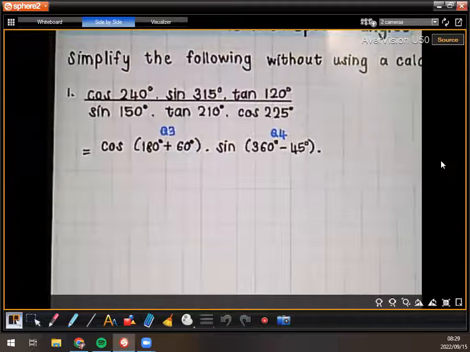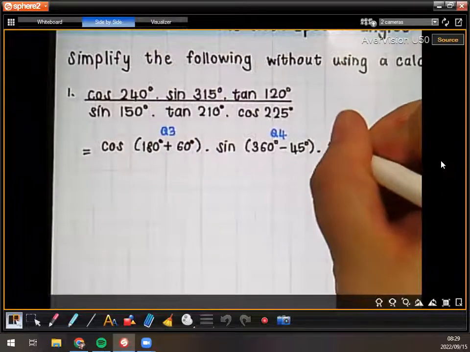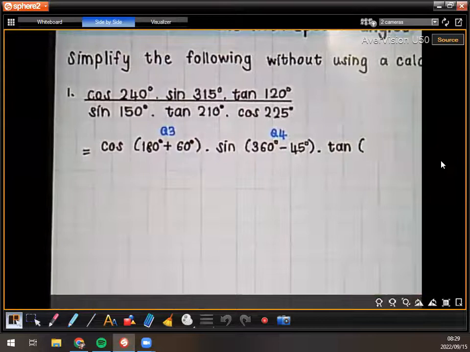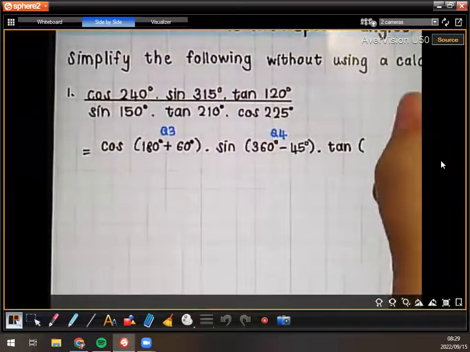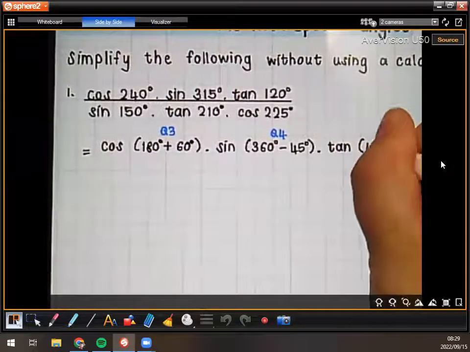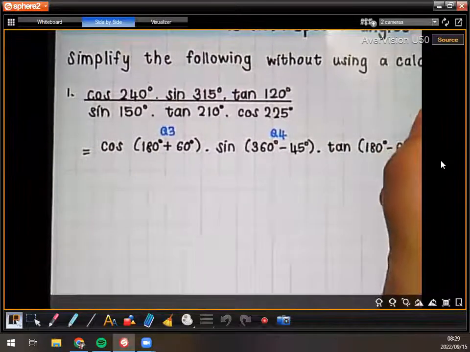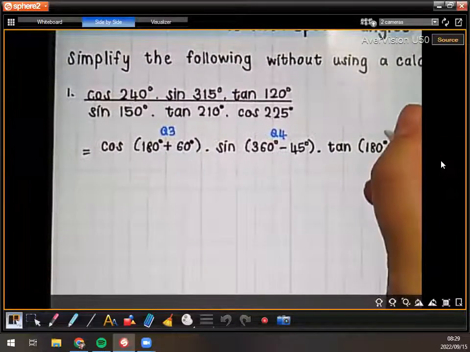Okay, then we have tan of 120. We're going to write that as tan of, what do you guys think? 180 minus 60, good. And that is in quadrant 2.